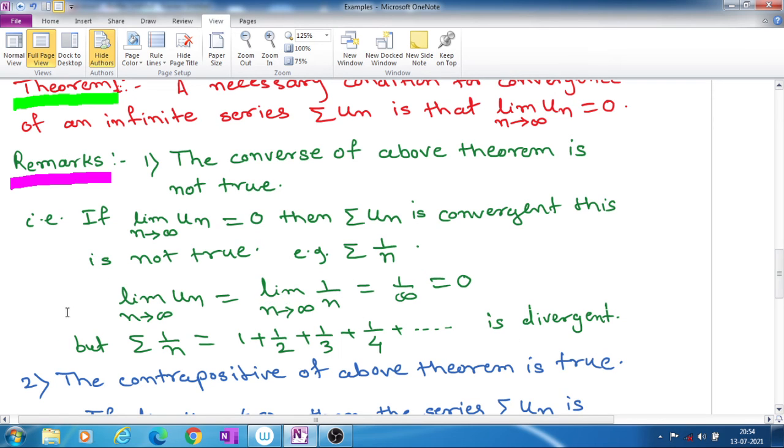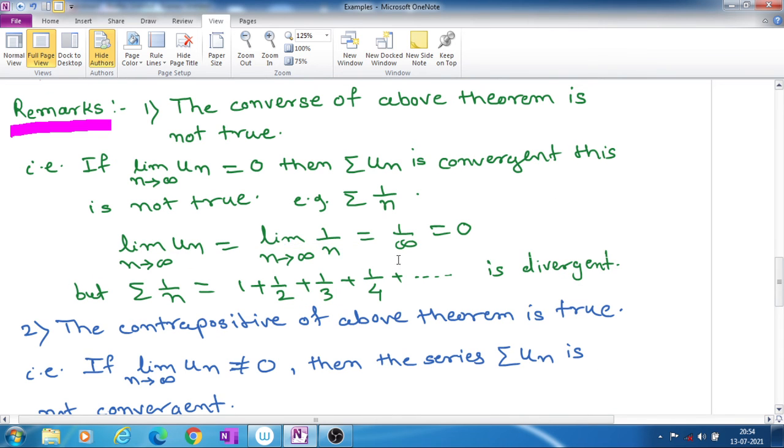See here the example, the series 1 upon n. The nth term of the series, un, is 1 upon n. If we take the limit of un as n tends to infinity, then the limit of 1 upon n, you know, is 1 upon infinity, which means the limit is 0.